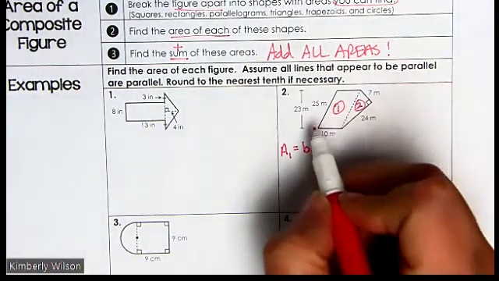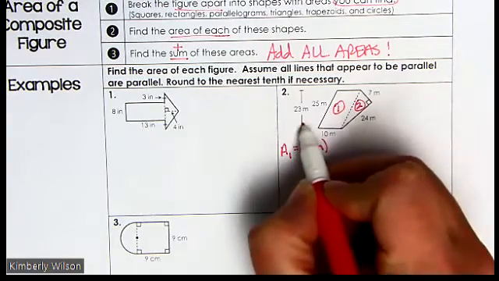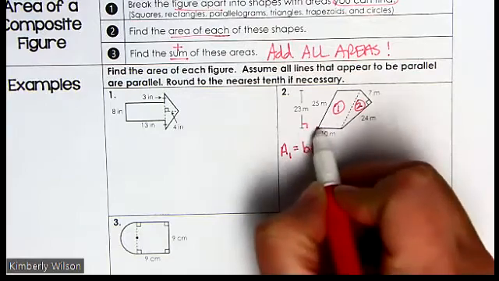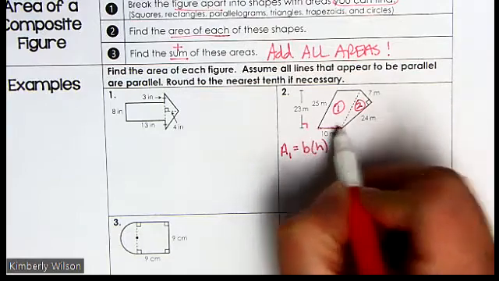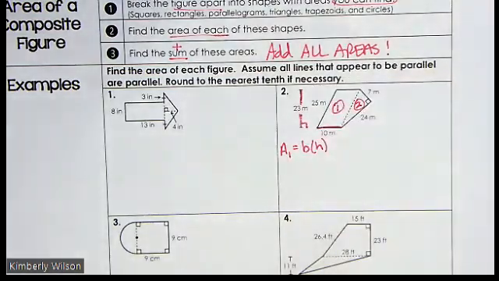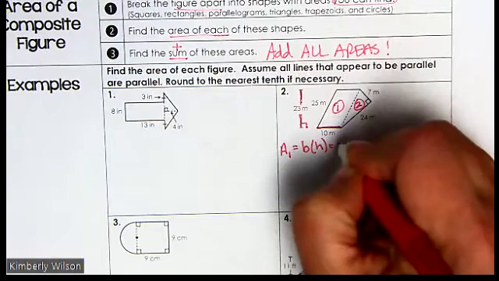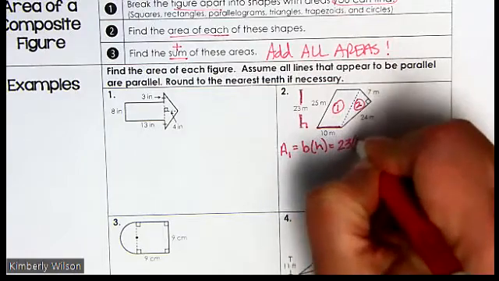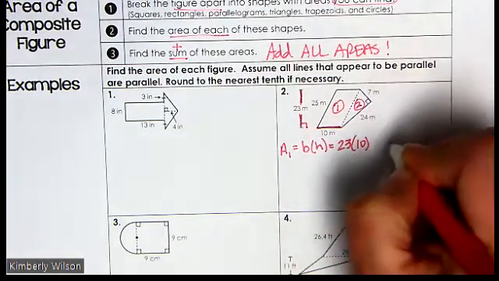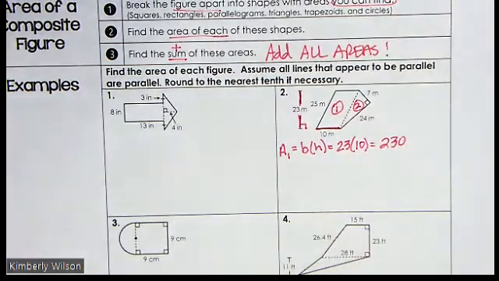Remember, it's the dimensions that make a right angle. It's not seen right here, but you can assume that this side and this side make that right angle. So my dimensions are 23 times 10, which gives me 230.